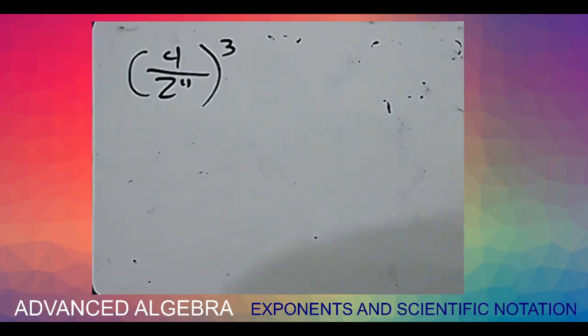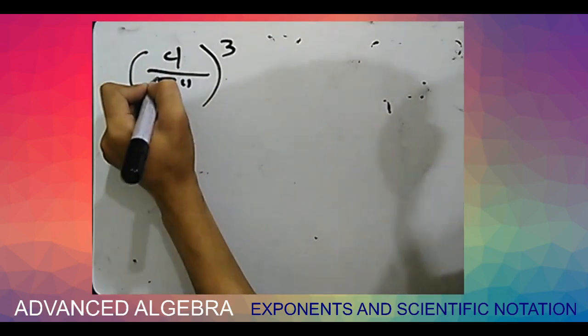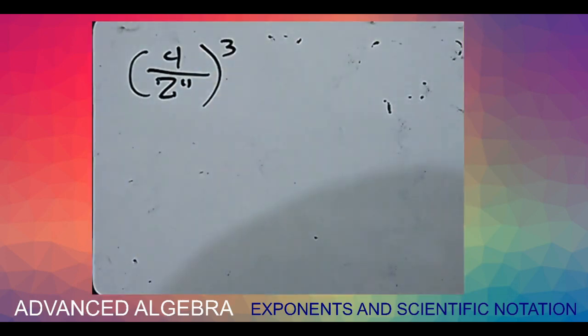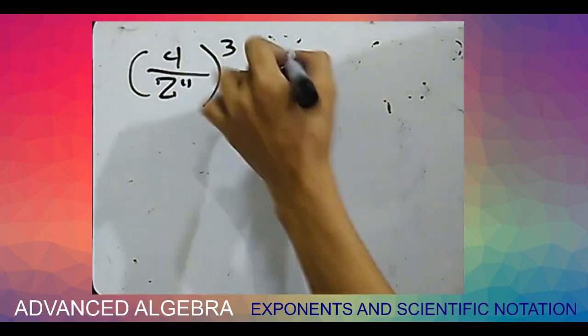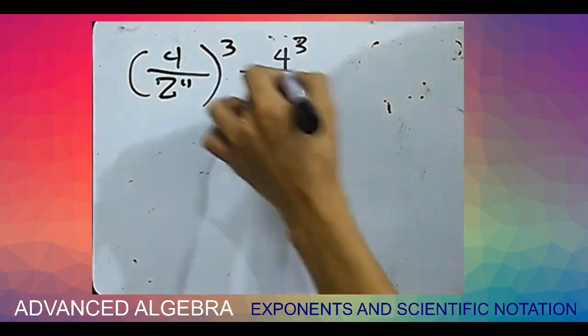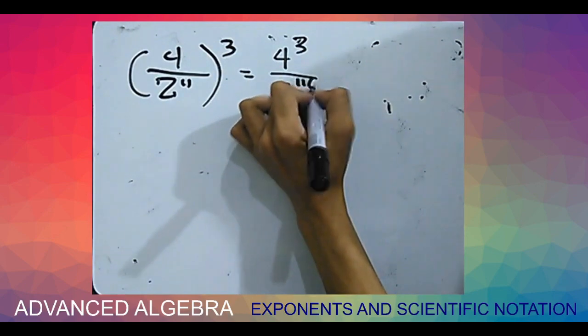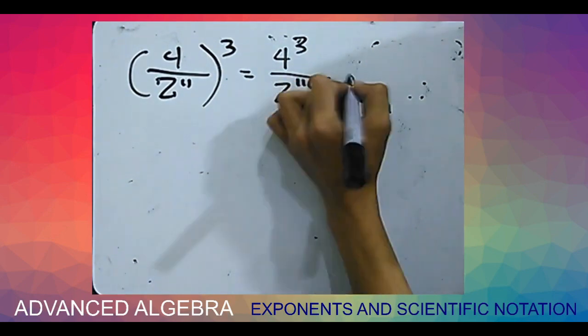So yan. The quantity of 4 over z to the 11 power, raised to the third power. So sagot yan ay, distribute mo lang: 4 to the third power over z, tapos 11 times 3. Okay?